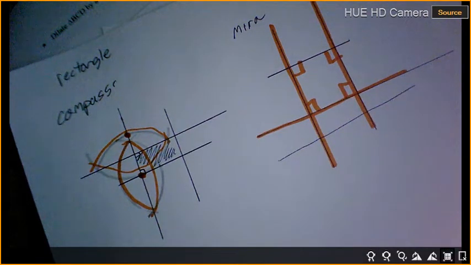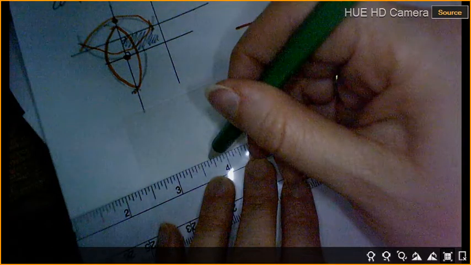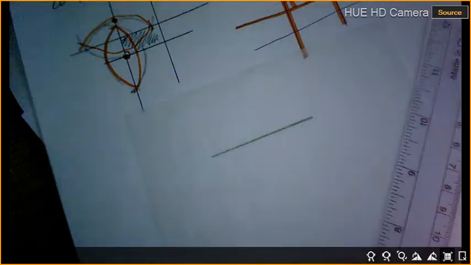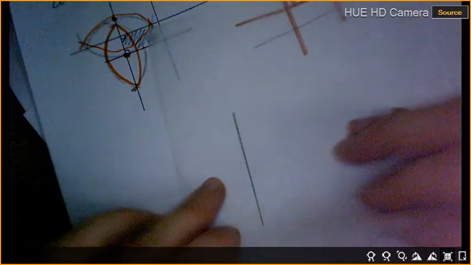All right, we're moving on to patty paper. Okay, we always start with a straight line. Okay, we're gonna have to do some perpendicular lines here, right? So we're gonna take this and we're gonna fold this so these sides overlap.